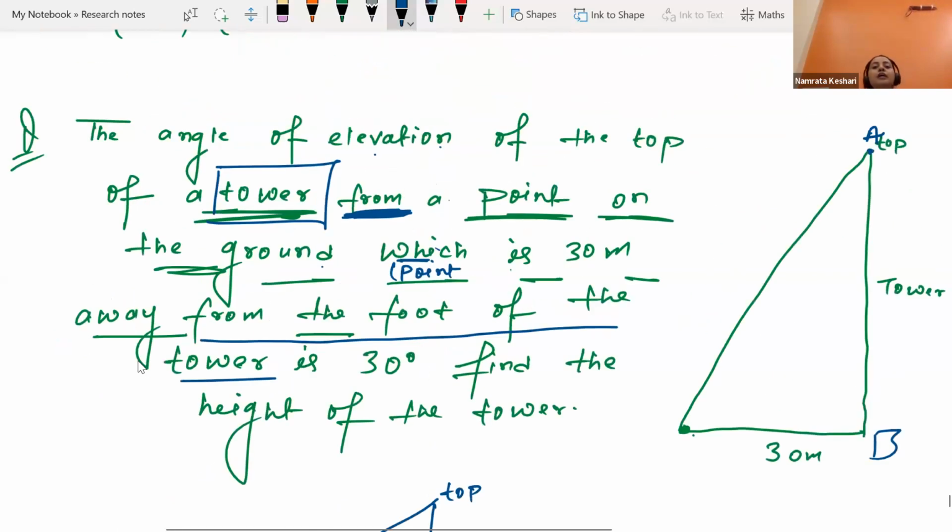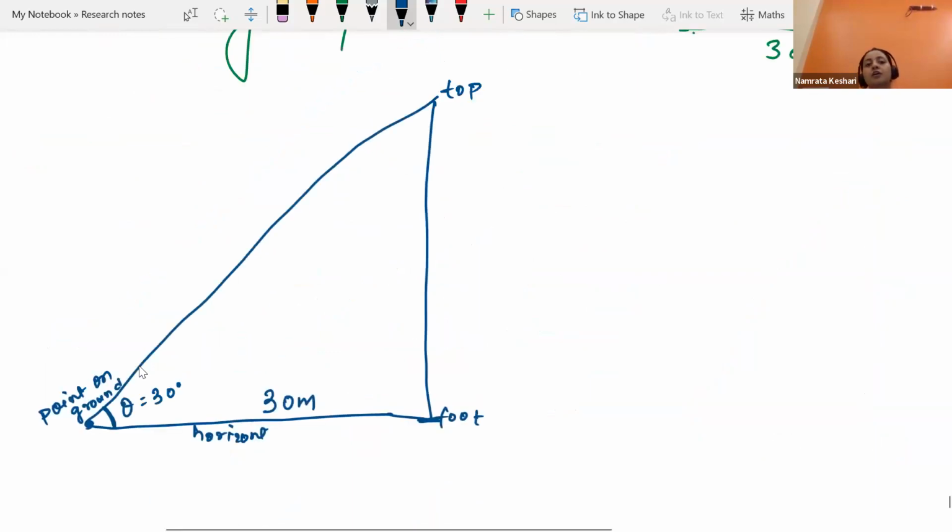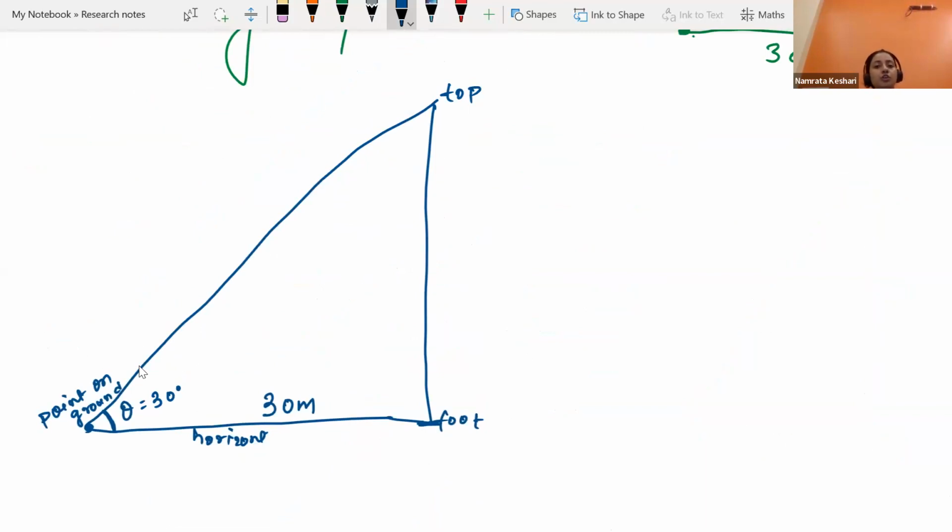So the angle of elevation of top of the tower from a point on the ground which is 30 meter away from the foot of the tower is 30 degree. Angle of elevation is 30 degree.